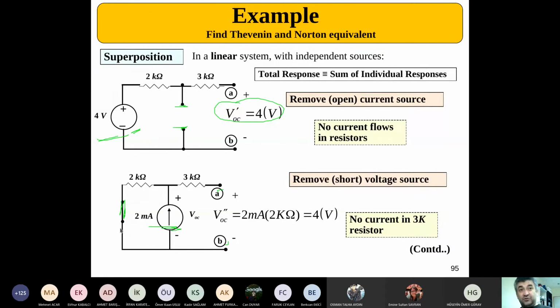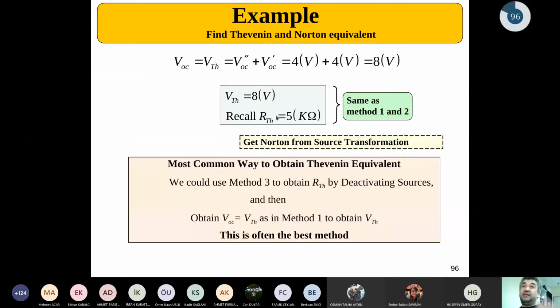Now, when you short circuit here, you can see that the current will pass only from this side, and the voltage we'll see here will be exactly between those two terminals, and that will be 2 kilo ohms multiplied by 2 milliamps, 4. The total voltage you can see from the terminals A and B will be the summation of these two, which is 4 plus 4 is 8. That's it. That's the way you get the Thevenin voltage.